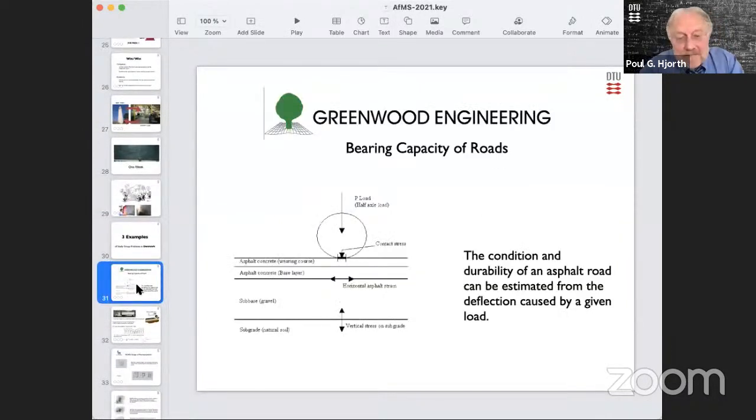So my first example is from a small company who studies the so-called bearing capacity of roads. And I confess, I had no idea what this was about before we interacted with this company. It turns out for paved roads, you can judge the age and the quality of the road by the way in which the road gives slightly underneath the load of a heavy wheel. This has been known for a long time.